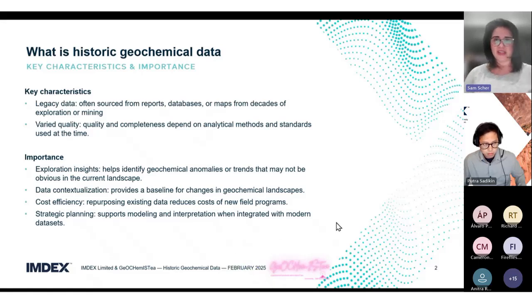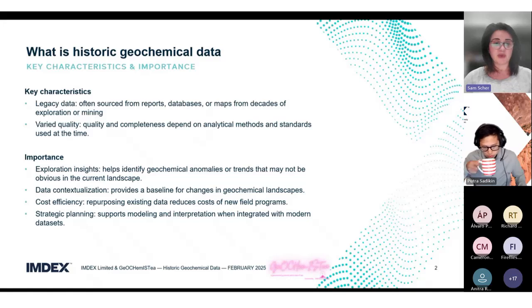They're varied in quality. That quality is either because you did a non-appropriate analysis for the type of material that you had, or it's just because the data is from 50 years ago. So it's really going to depend on analytical methods and the standards used at the time, which we're going to talk about today. But it's still important because you can still get insights from this old data.